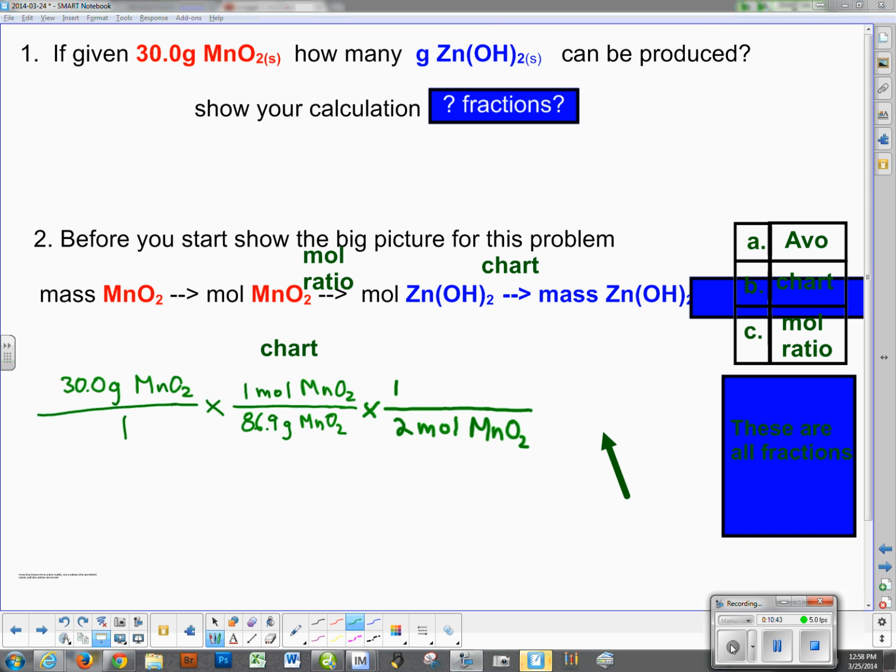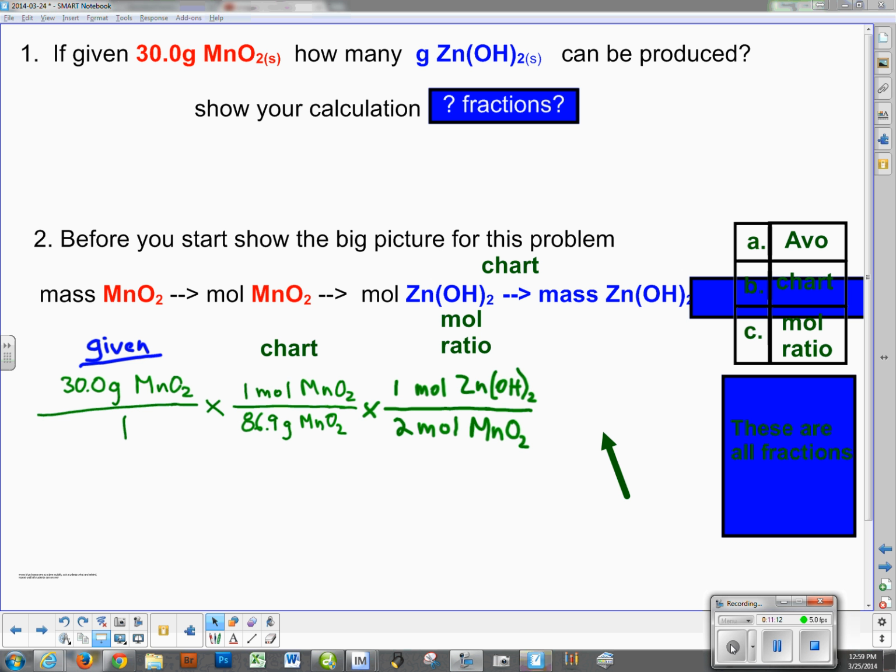So that's 1 mole of zinc hydroxide. And then let's take the mole ratio and label that fraction. And the first fraction was actually the given, given over 1. That's how we're going to wind up getting our 4 fractions.